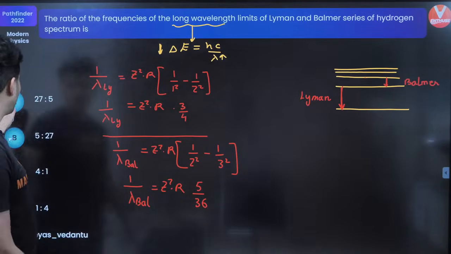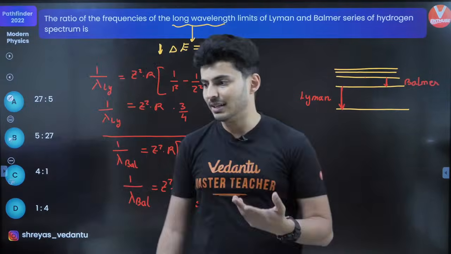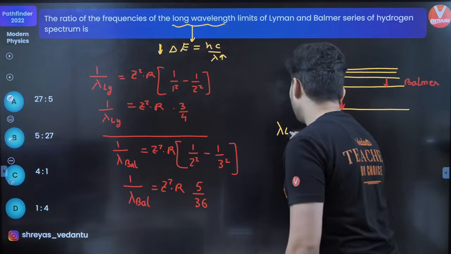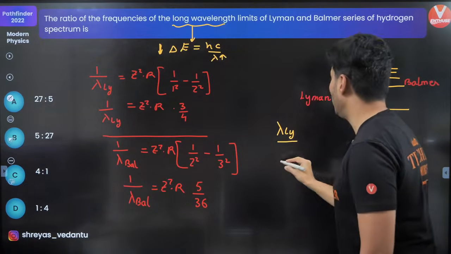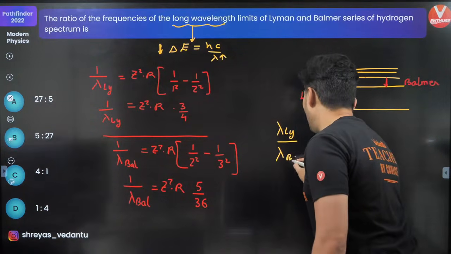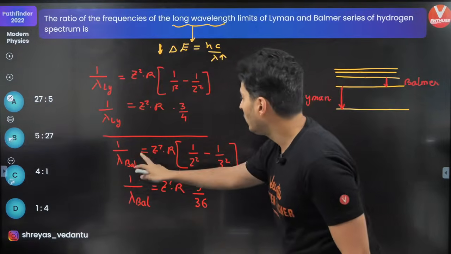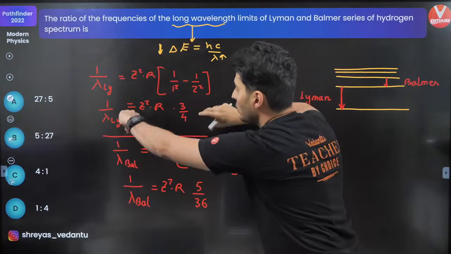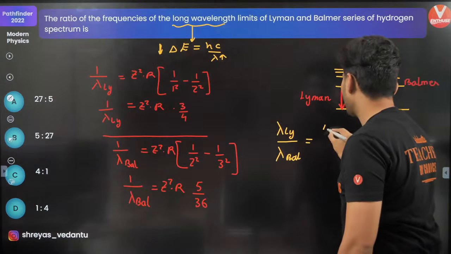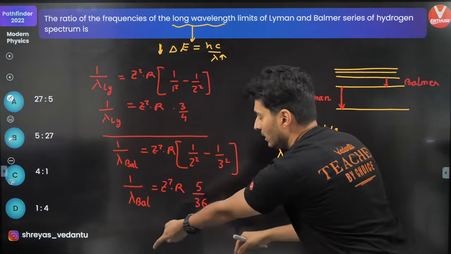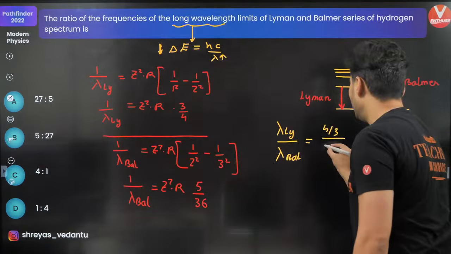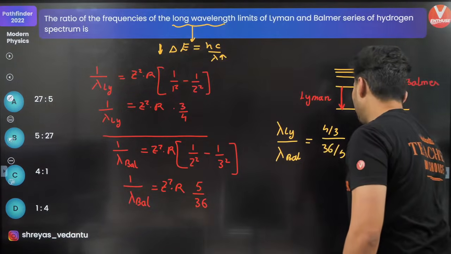So now just divide the two and you should get the answer. Lambda of Lyman, because that's what is asked, ratio of Lyman and Balmer. So for Lyman, when you flip it, it will become 4 by 3. And for Balmer, when you flip the equation, it will become 36 by 5.